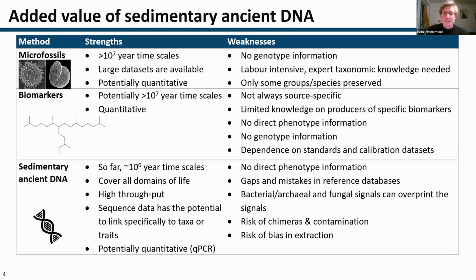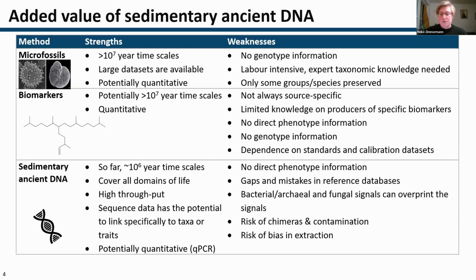However, there's no direct phenotype information. Then we have problems with gaps and mistakes in reference databases, so we have sometimes misclassifications. There are bacteria and archaea and also fungi in sediments that can completely overprint eukaryote signals.